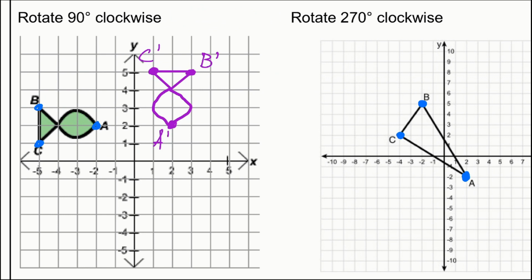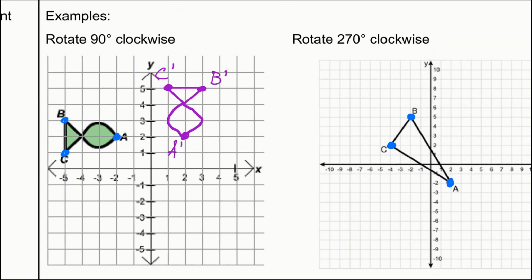C is at -4, 2. So those are the ones that we're going to be rotating here. 270-degree clockwise is the same as a 90-degree counterclockwise. So you either turn it 3 times to the right in a clockwise fashion or 1 time to the left in a counterclockwise fashion. Okay? So when you turn it, you get the correct orientation.